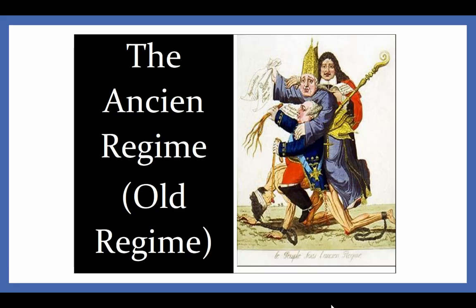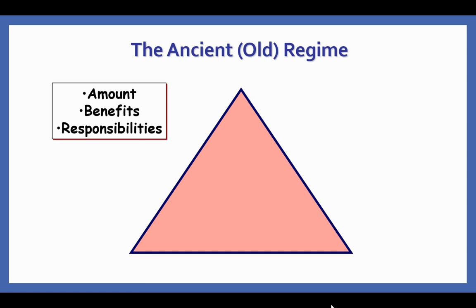So when you talk about another thing that the French Revolution attacked, we have what's known as the ancien regime, or the old regime. This is the old social structure in which the French population was divided into classes called estates. Each class had certain benefits and responsibilities. So you begin with the clergy being the first estate, or the highest social class.